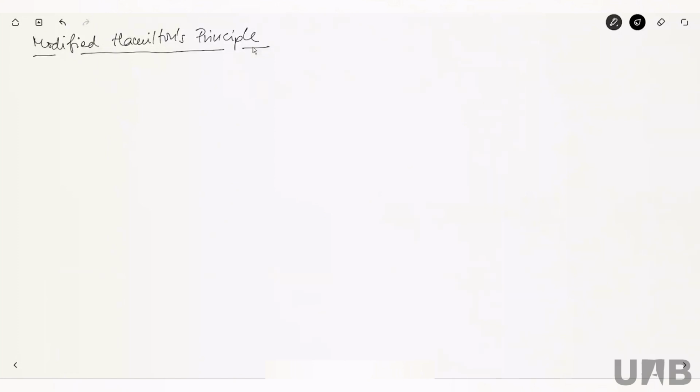So now we're going to talk about the modified Hamilton's principle, which is another way of saying that we want Hamilton's equations derived from an action principle.